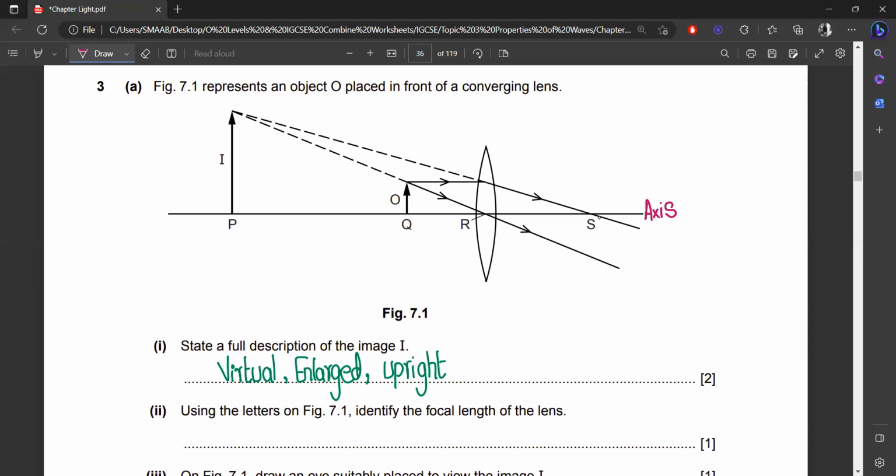So this is the parallel light ray which is passing through the convex lens, and when it bends and passes through the principal axis, this point is known as the principal focus, right?